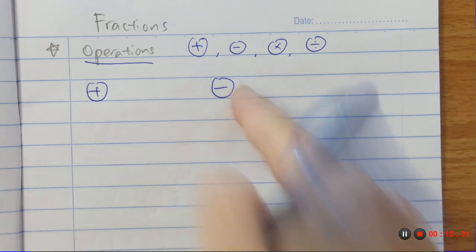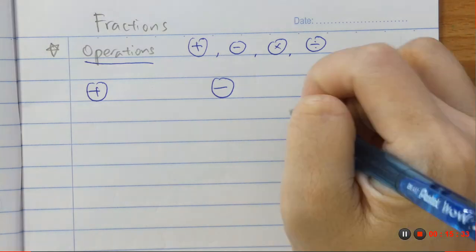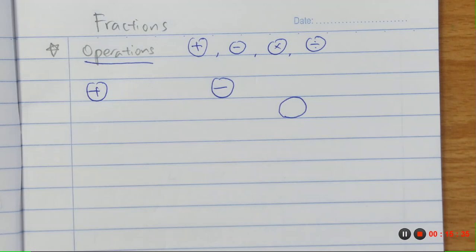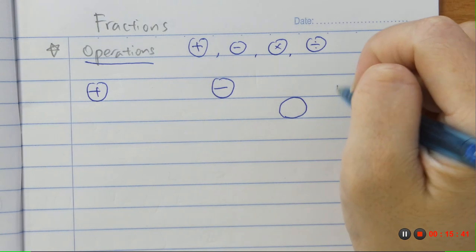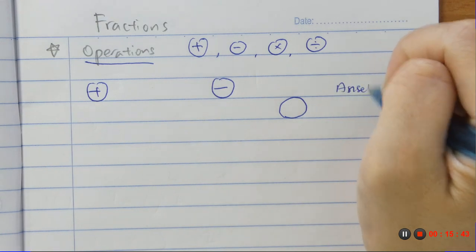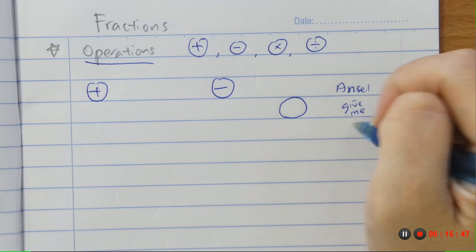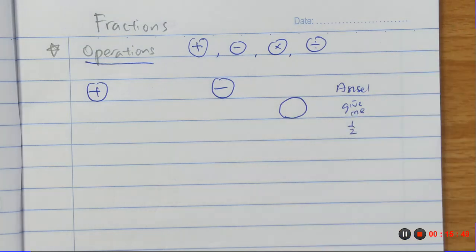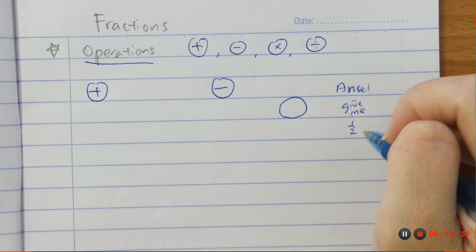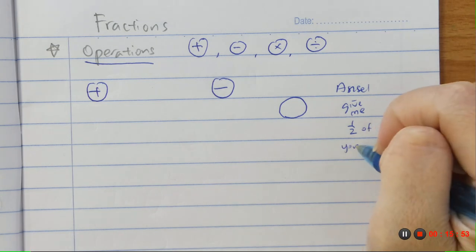We start with the subtraction one. At first she has a whole cake. Then Ansel says, give me, I want to eat. Give me half of your cake.